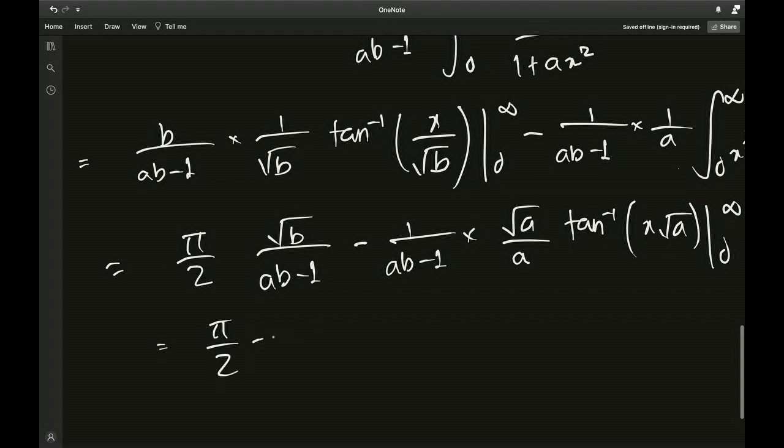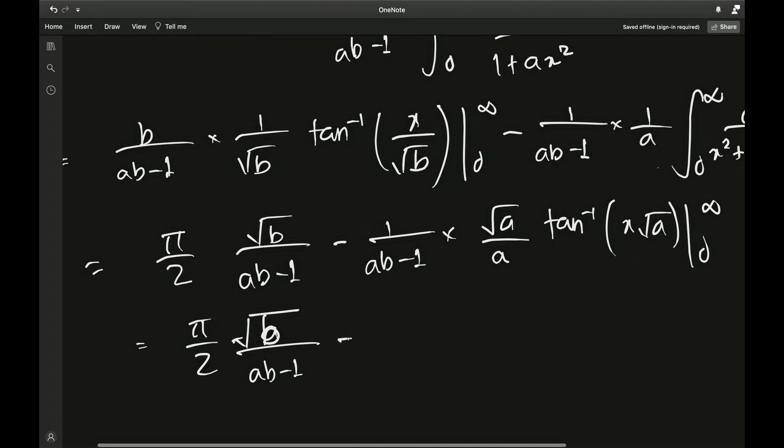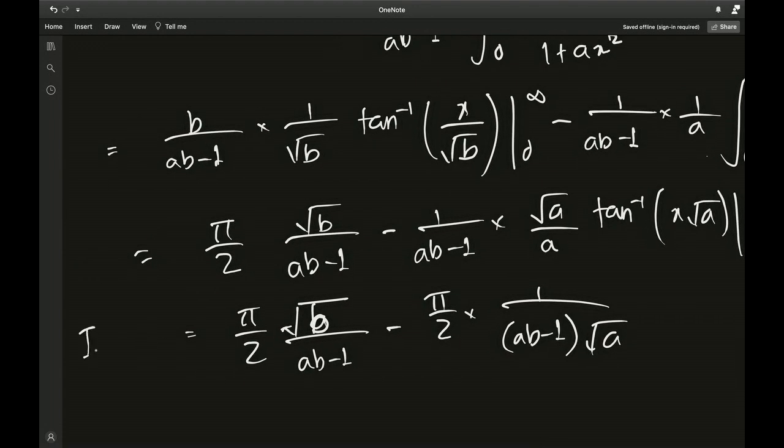So pi over 2 times square root of b over ab minus 1 minus, we will have pi over 2 because of the inverse tangent times 1 over ab minus 1 multiplied by the square root of a, and that's the I prime of ab, or partial derivative with respect to both variables one after the other.